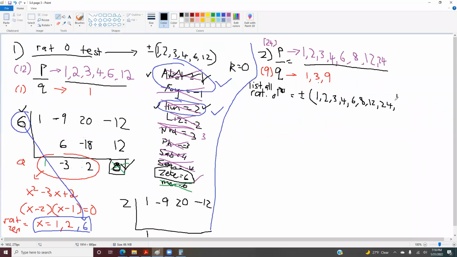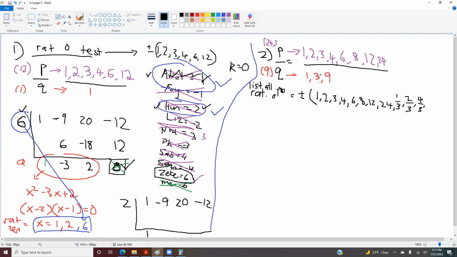You got 1/3. What else? 2/3. How about 3/3? Do we need that? That's the same as 1, right? We don't need that. And then 4/3, we have 4/3. And then 6/3.